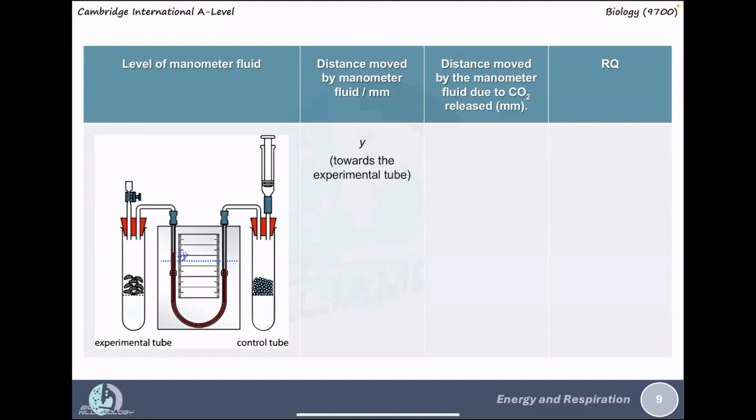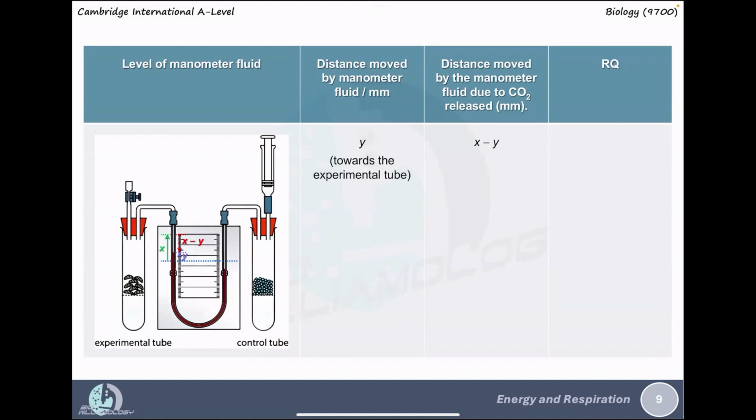So during this duration, the manometer fluid would move X millimeter due to the O2 consumption, and the level drops from this level to Y. Here, this is due to the CO2 release. Therefore, CO2 release can be calculated by subtracting Y from X. So the distance moved by the manometer fluid due to CO2 release is equal to X minus Y.